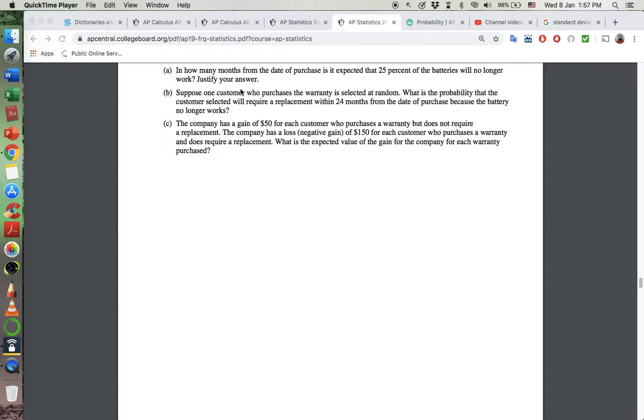Let's look at B. Suppose one customer who purchases a warranty is selected at random. What's the probability that the customer selected will require replacement within 24 months of the date of purchase? Remember, 24 months is just less than the number we just found, which is 24.6 months. Okay, so we have, again, approximately normally distributed data.